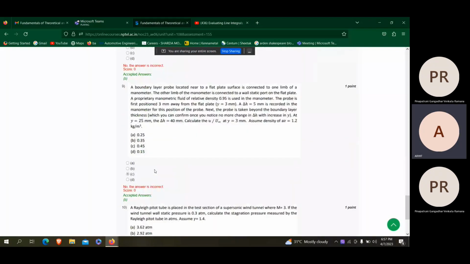So we are at assignment 10 and question 9. Yes, this is the one. He is arguing that the answer he is getting is something different, and he also cross-calculated several times. So we can re-verify these numerics and see what we are getting from our calculations.